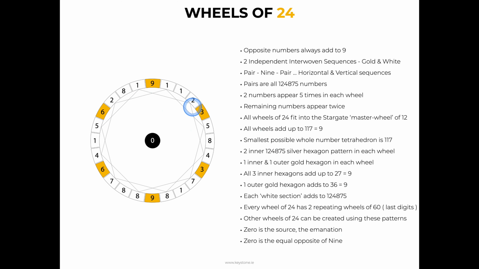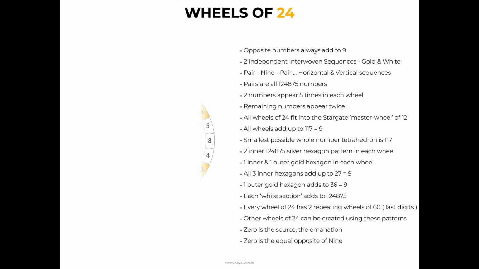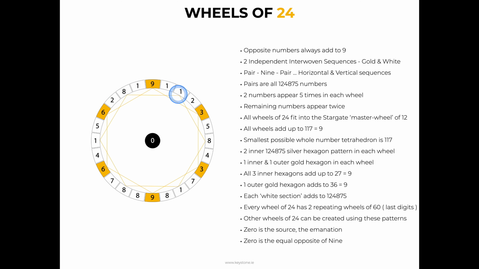So the 1, 2, 4, 8, 7, 5, we've two of those, they add up to 27. The 8 and 1 adds up to 27, and of course the 339, 669 adds up to 36. All reduces to 9. Each white section found in these gold and white wheels, whether it's Fibonacci, Lucas or GHANNAM, will add up to 1, 2, 4, 8, 7, 5.